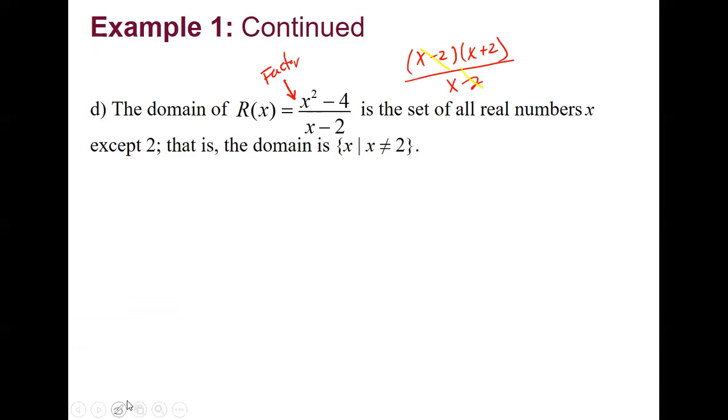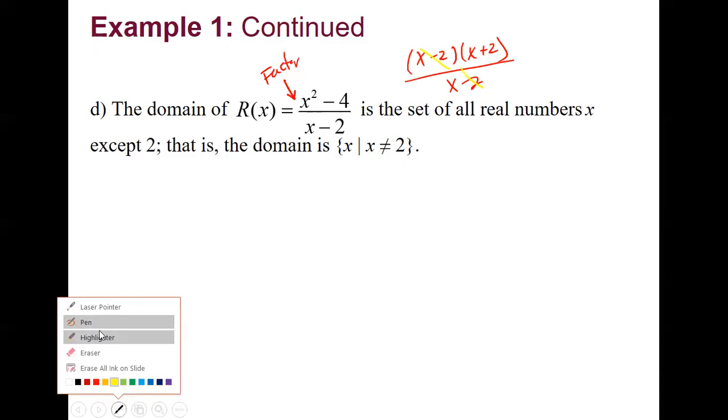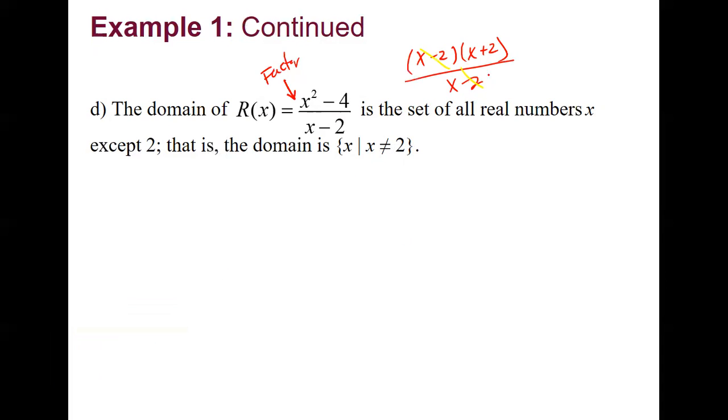Because they cancel out, it's still a discontinuity. It still is a problem in my function. Instead of being an asymptote, it is what we call a hole in our function. It's a removable discontinuity, something we can just pluck out and it's gone. But because of that, our domain is still restricted. Because if I take it out of the graph, is it a part of the graph anymore? No, it's not. So my domain still has a restriction.